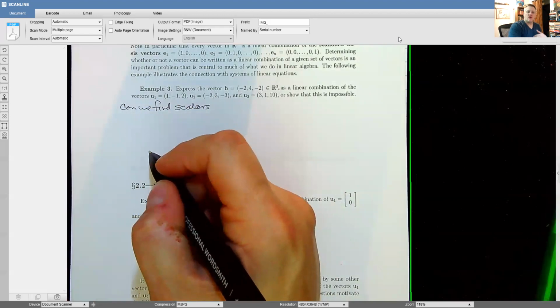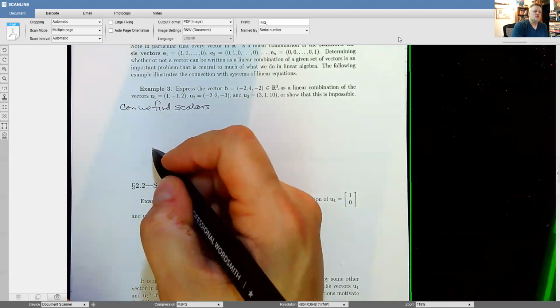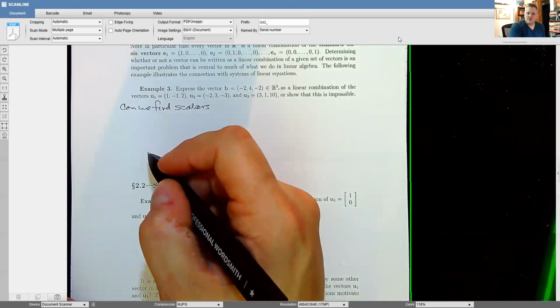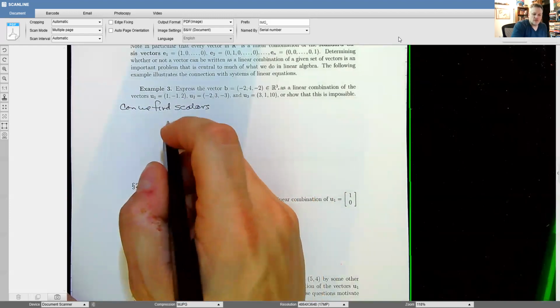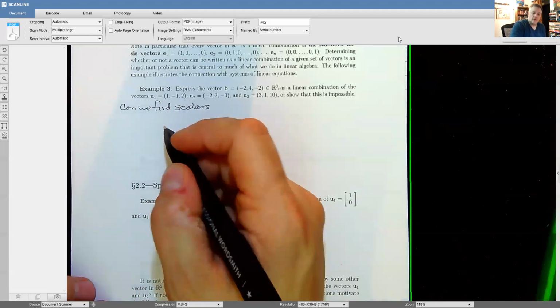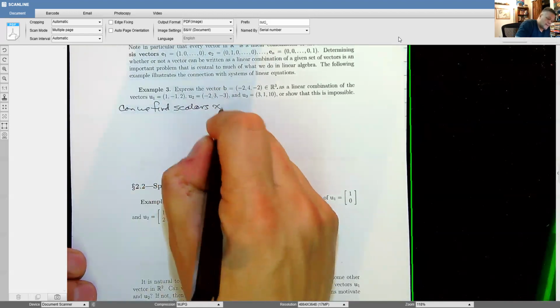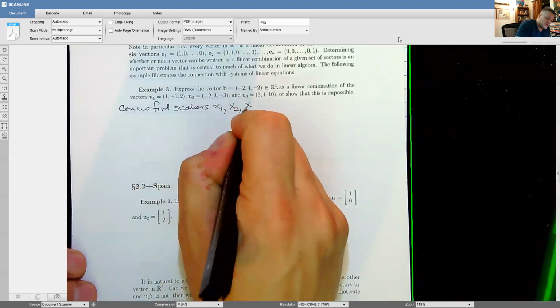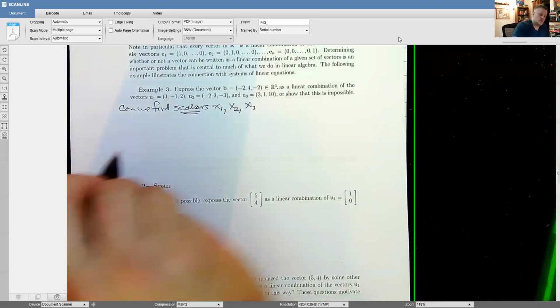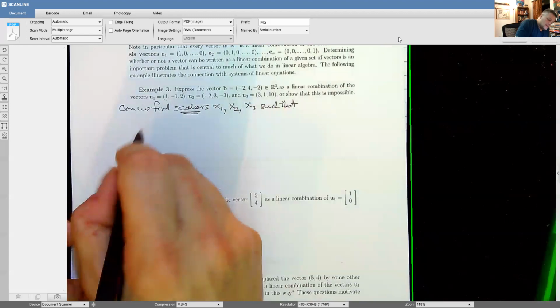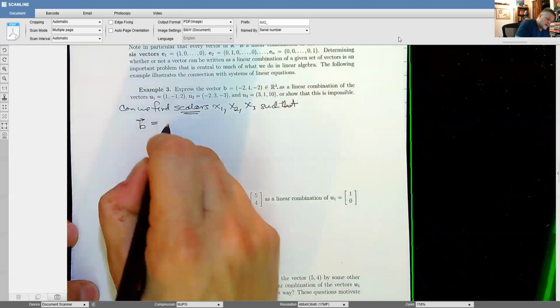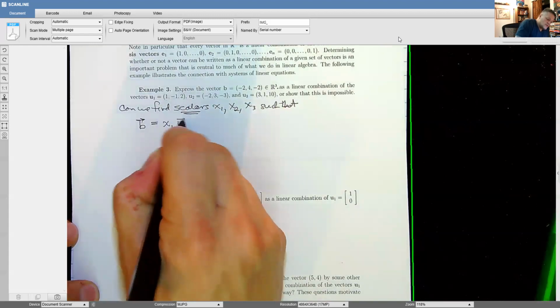And so when we're trying to solve a system, the solution vector tends to be in terms of x1, x2, x3, or something like that. So instead of c1, c2, c3, which you can do, I'm just going to use x1, x2, and x3. So can we find scalars x1, x2, and x3 such that b, this vector b, is x1 times u1?